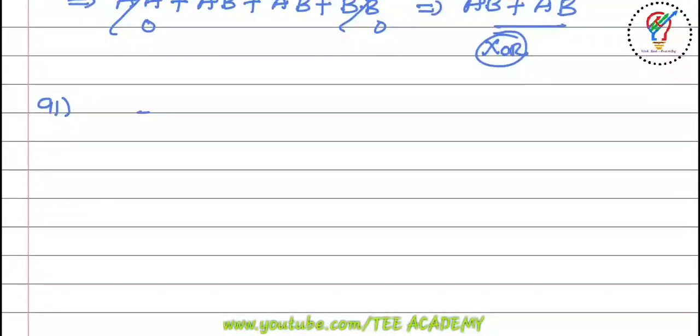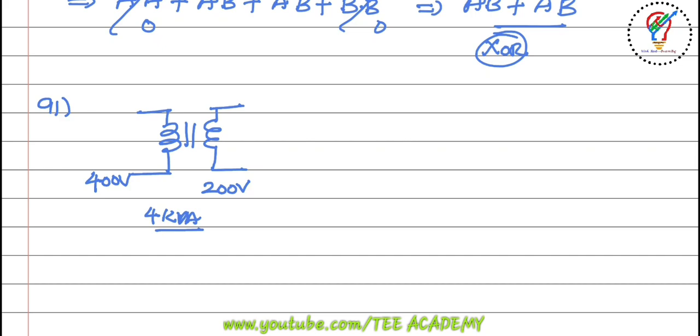So there is a transformer which has 400 volts on the primary and 200 volts on the secondary, similar to the problem we were discussing earlier. It has a 4 kVA rating. We need to find its resistance value.